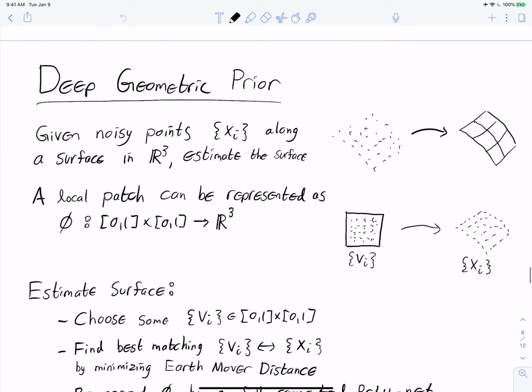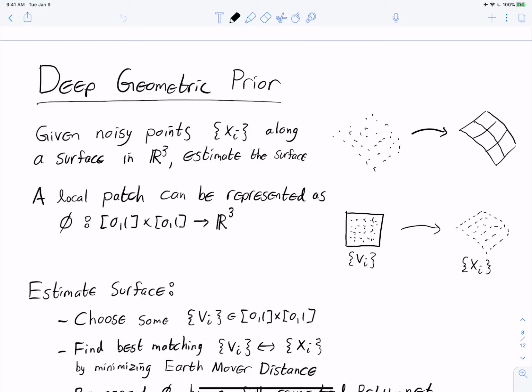So far we've talked about the deep image prior and the deep decoder, and now let's talk about a prior that's actually quite different and comes from a different area, and then we'll see that there can be a bit of connection. This is going to be the deep geometric prior. This prior is coming from the problem of surface reconstruction in 3D.